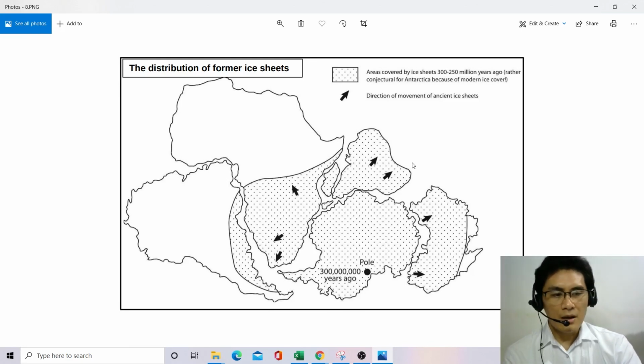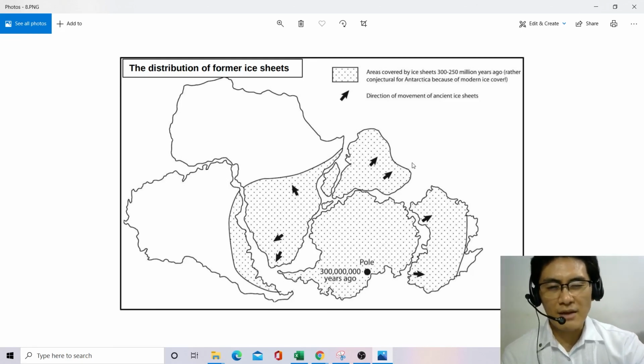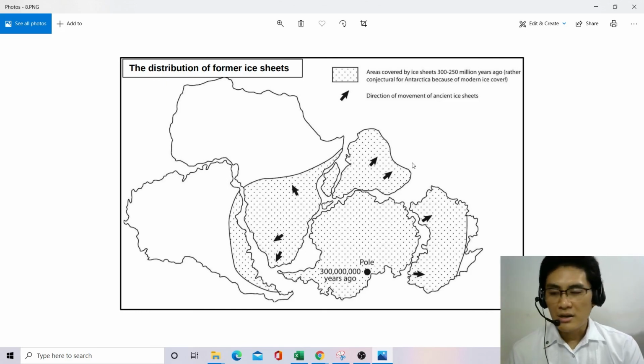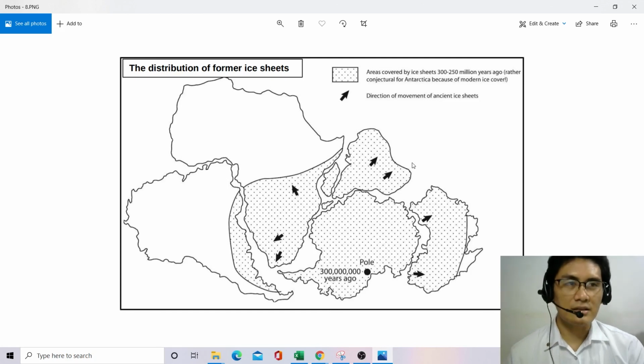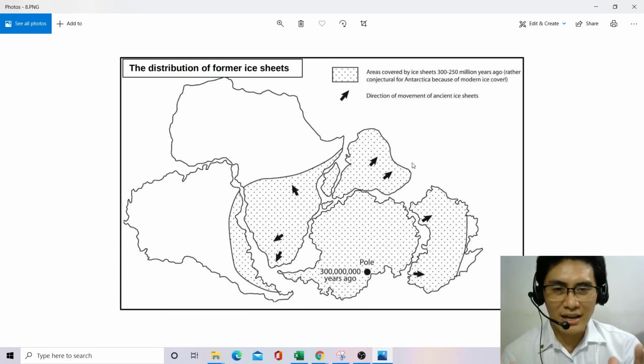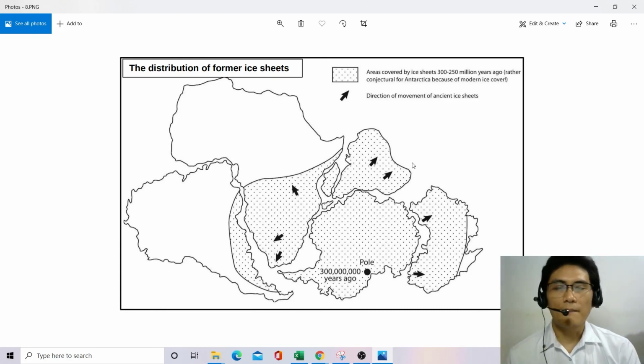But the only difference is now scientists have learned from the case of Wegener and other cases in science that it doesn't really have to have an explanation that is logically sound. It just has to have a lot of evidences supporting it.